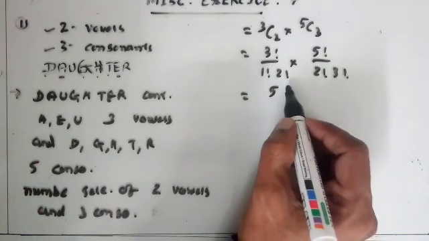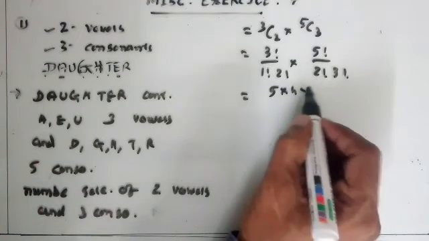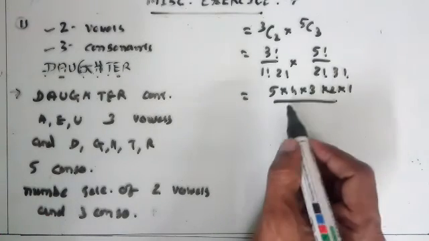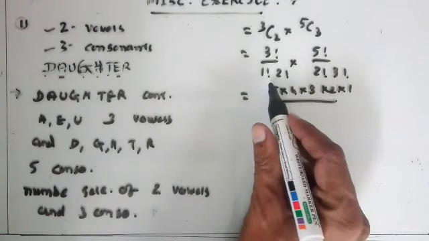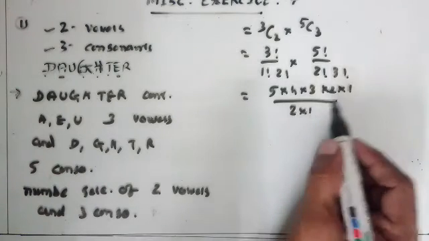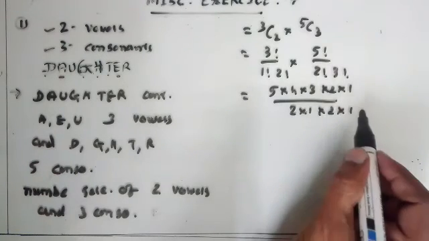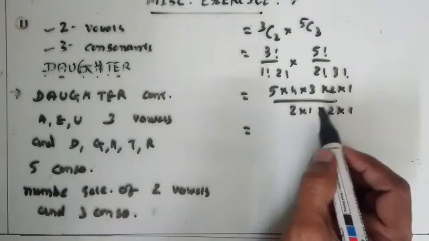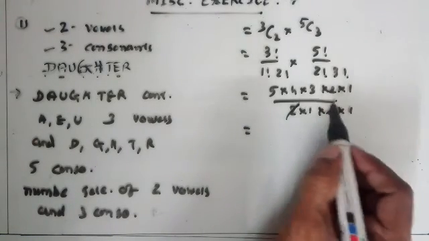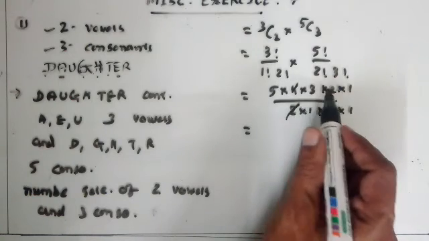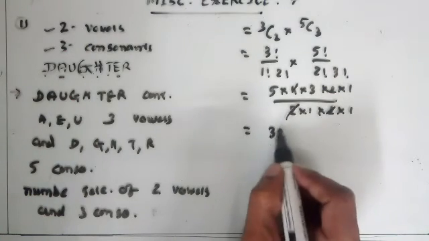Here 5 factorial is 5 into 4 into 3 into 2 into 1 upon 1 factorial, that is 1, and 2 factorial is equal to 2 into 1. Here 3 factorial from both cancels. So it is equal to 2, 2, 4. So 5, 3, 15, 15 twos are 30. Clear?